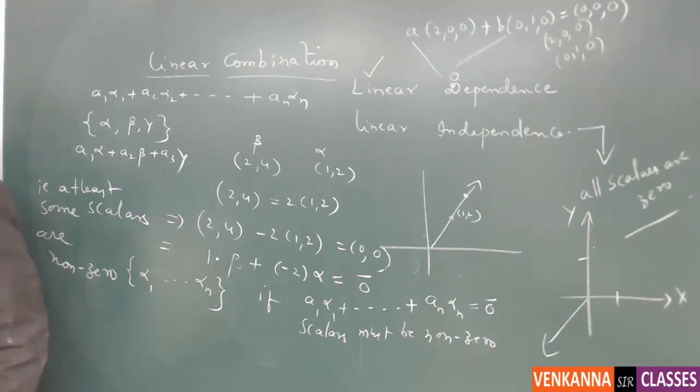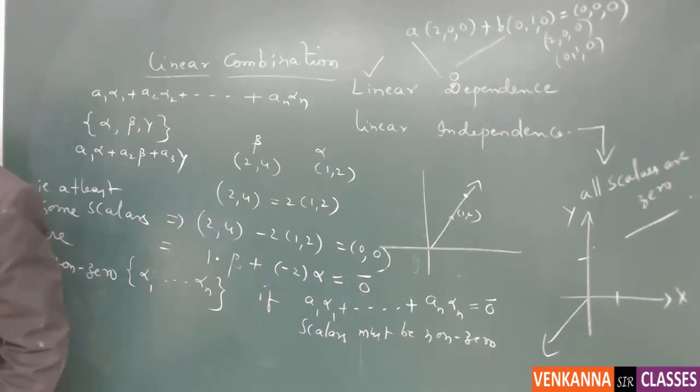So linear independence of a set is nothing but this: whenever you take a set of vectors, the combination will become equal to 0 only when the scalars in that combination are completely 0. Clear?